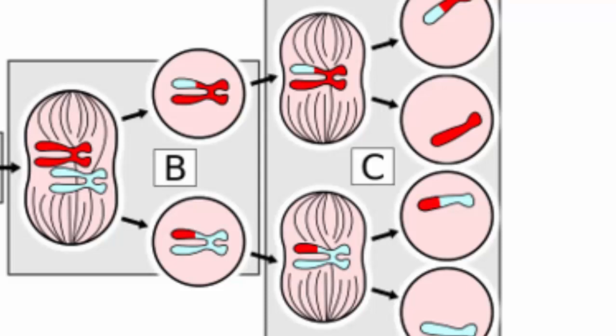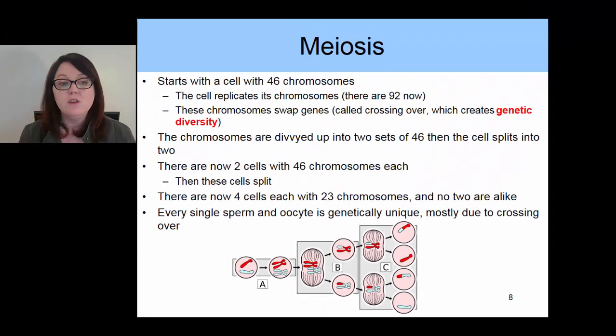So there are 2 cells now, each with 46 chromosomes. Then these cells split, and now there are 4 cells, each with 23 chromosomes, and no 2 are alike due to that crossing over process where we swapped out genes. Each and every single sperm and each and every single egg is genetically unique, mostly due to this process of crossing over. Each sperm and each egg is also haploid due to the process of meiosis.